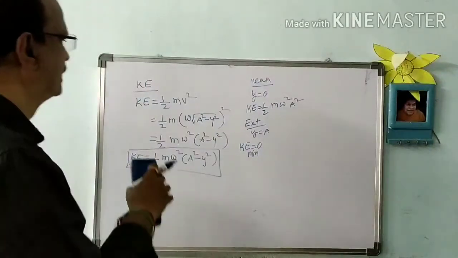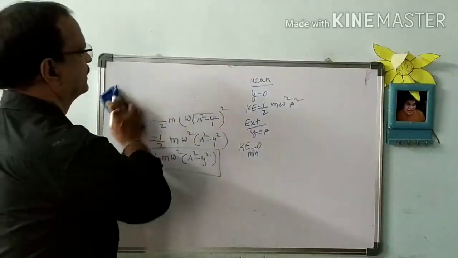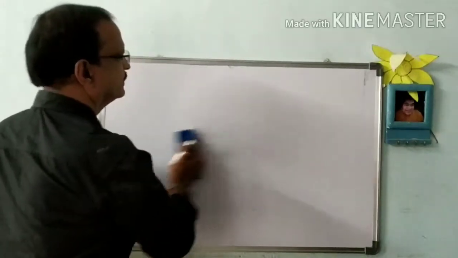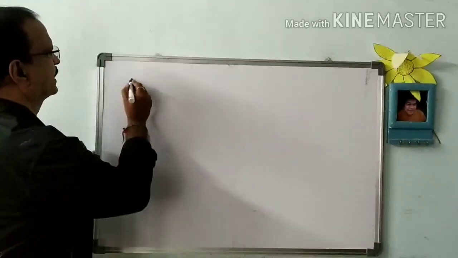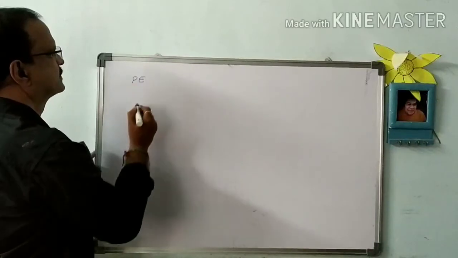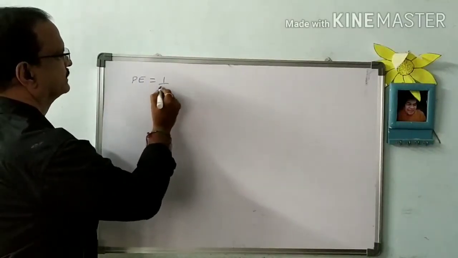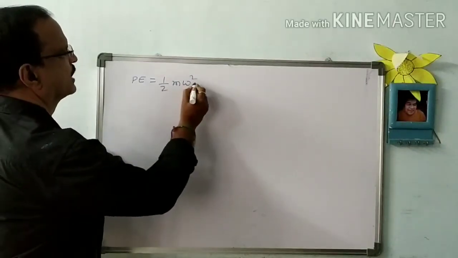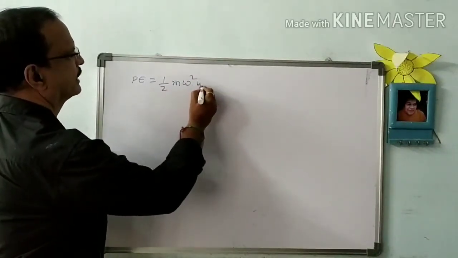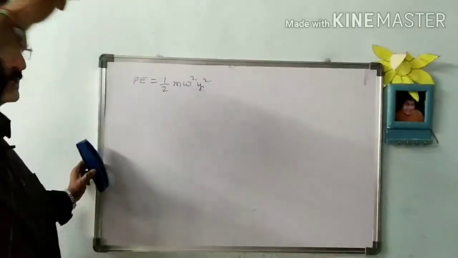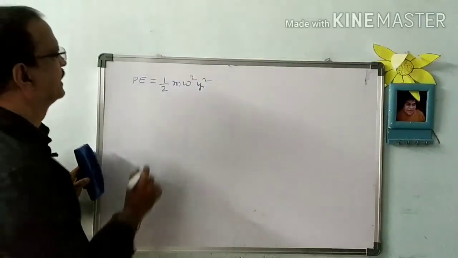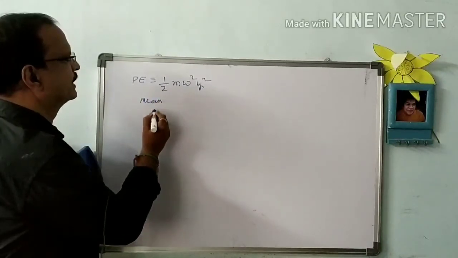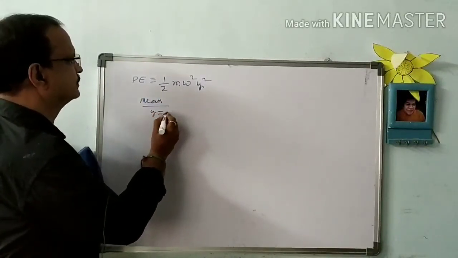So now, after knowing the kinetic energy, we have the potential energy. So potential energy of a particle in a system is given by half m omega square y square. If it is at a mean position, y is equal to 0.